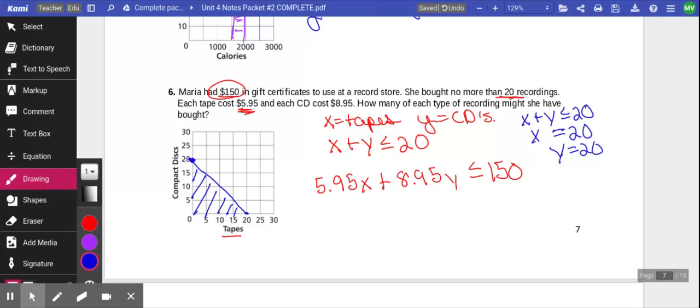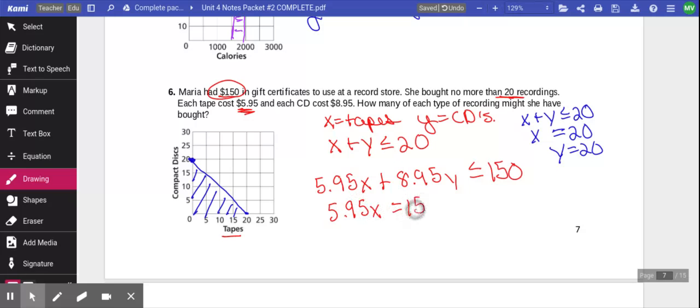The other equation, again, I'm going to use my intercepts. So to find the x-intercept, I make y equals 0. So it's 5.95x equals 150. Divide both sides by 5.95. And x equals 25.21. So that's my x-intercept.